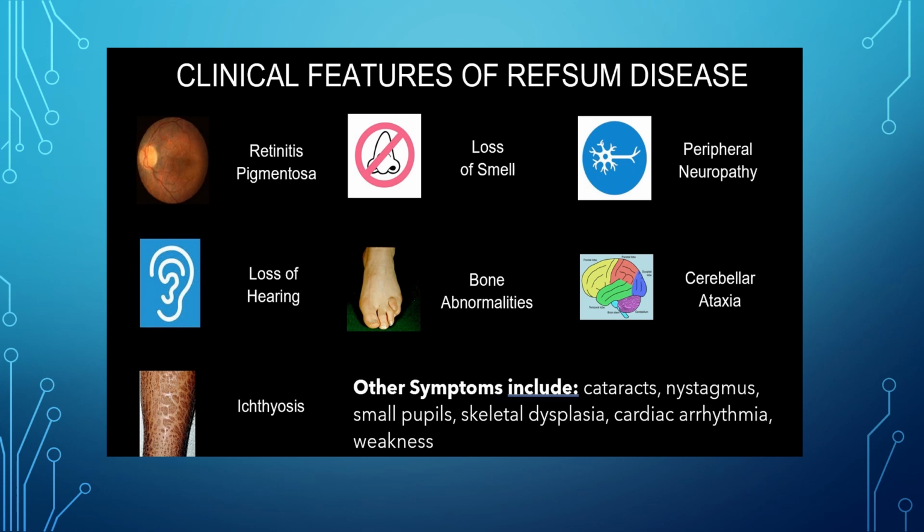Also, there is anosmia, that is loss of smell. There is peripheral neuropathy. In the later stages, there can be loss of hearing. Also, there are bone abnormalities, cerebellar ataxia, and also ichthyosis, all these skin disorders. Other symptoms may include cataracts, nystagmus, small pupils, skeletal dysplasia, cardiac arrhythmia, and weakness.